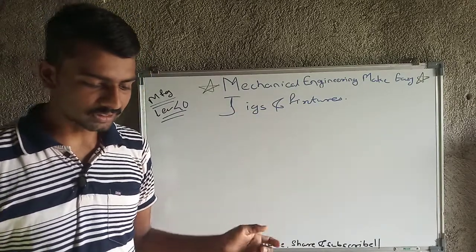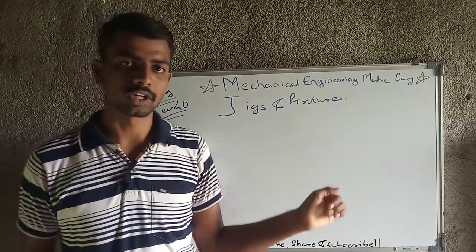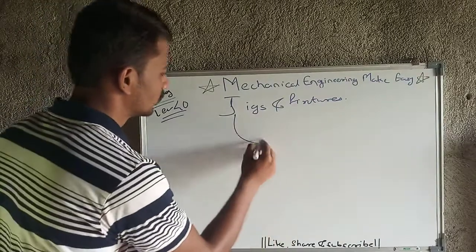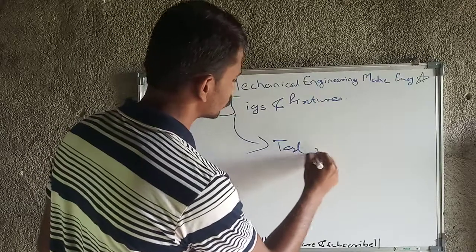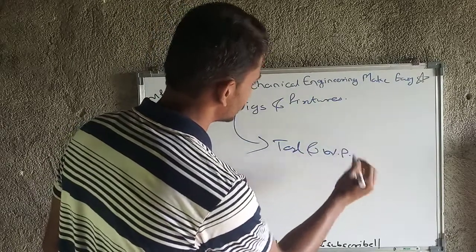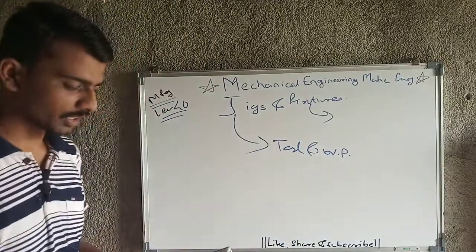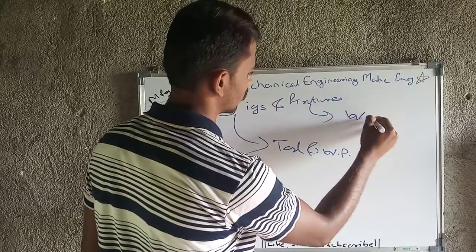Then what is a jig? A jig is going to guide and locate the tool and also the workpiece, but this is not the same for a fixture. A fixture is going to only guide or fix the workpiece.